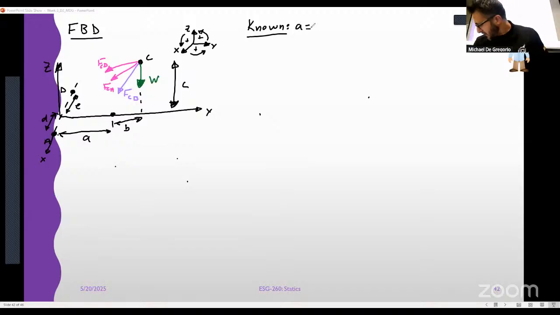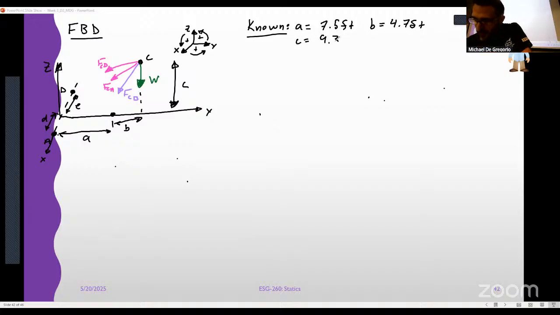That A is 7.5 feet. B is 4.7 feet. C is 9.3 feet. D is 3.5 feet. And E is also, it's 4.5 feet.